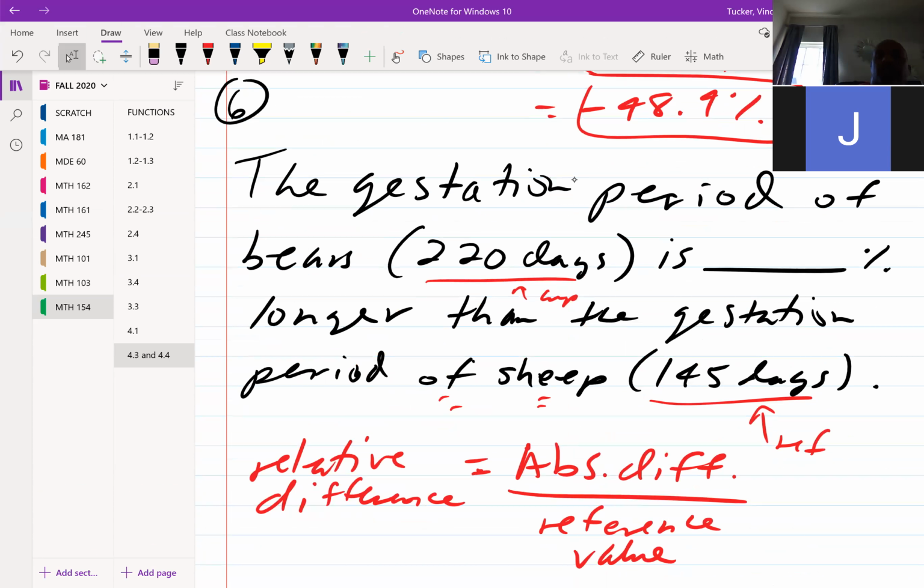All right, so number 6. The gestation period of bears, which is 220 days, is blank percent longer than the gestation period of sheep, which is 145 days.